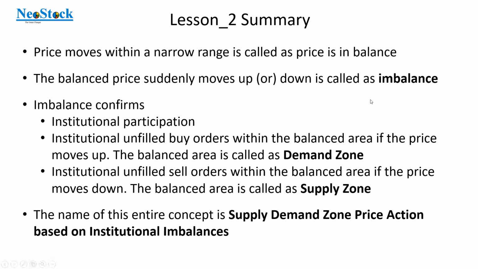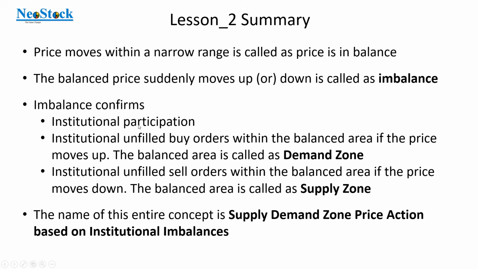And what is the reason for this imbalance? Imbalance confirms that institutional participation has happened. This is a very key point. That means imbalance is a clue for the confirmation of institutional participation. How institutions participated on the charts, I will be providing you the examples.